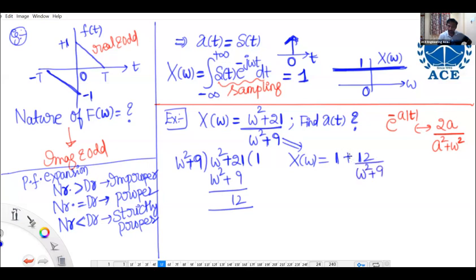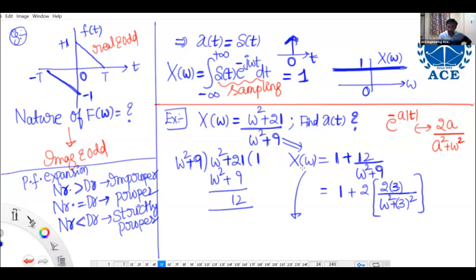The second term must be adjusted to the 2a by a square plus omega square style, so 1 plus 12 by omega square plus 3 square, with numerator 2a. An extra 2 is needed because of the 12 multiplier.